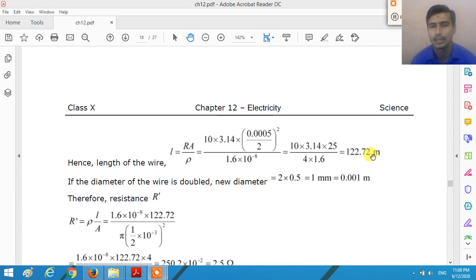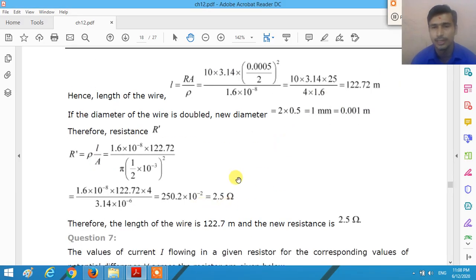Now what about the resistance when the diameter of the wire is doubled? The new diameter is 2 into 0.5, which is 1 millimeter, and similarly we calculate the resistance and get 2.5 ohm. We can also calculate it orally.